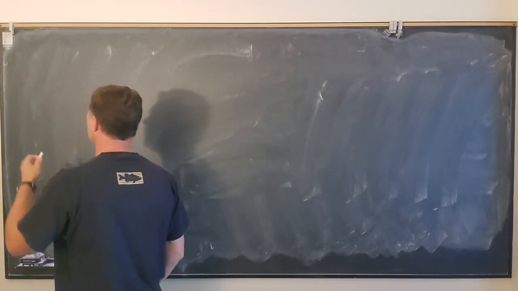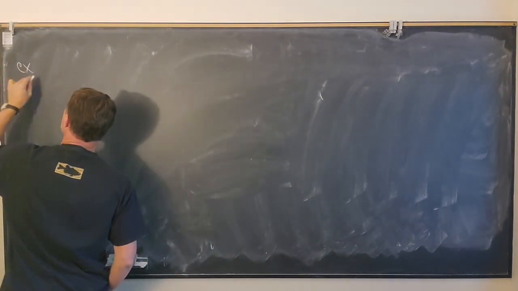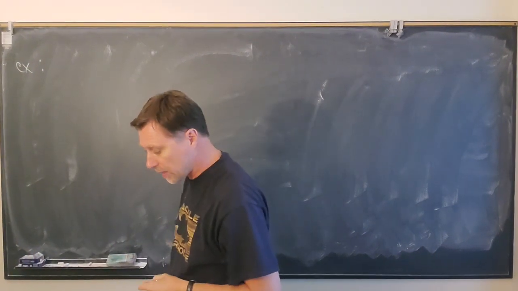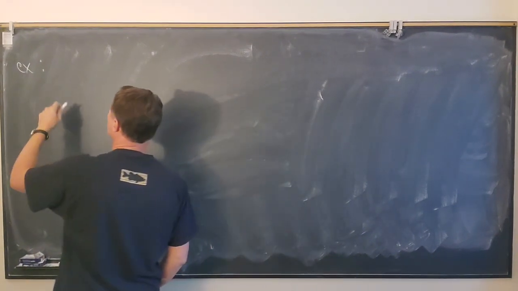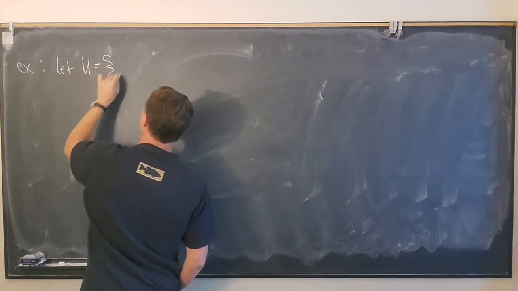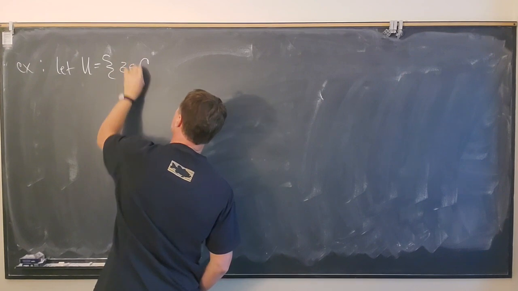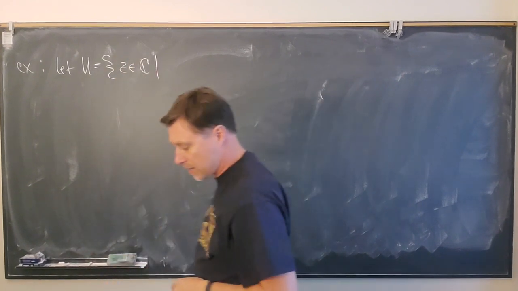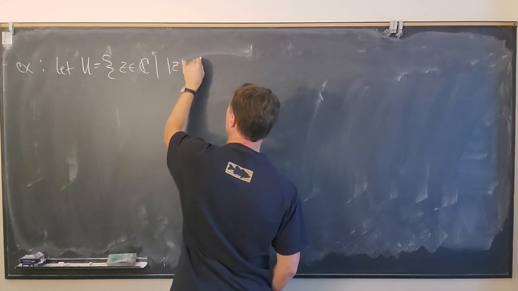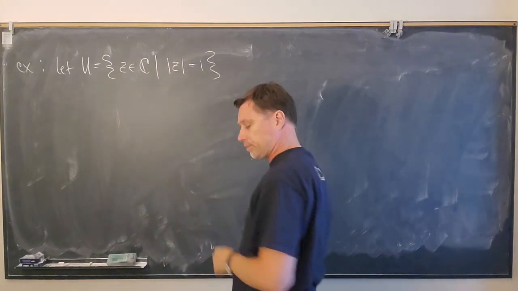I said that we needed to learn complex numbers because it gives us some important, interesting, worthwhile new groups. And so let's just start with an example. Let U equal the set of all complex numbers, so the set of all z in C, such that the modulus of z is equal to 1.